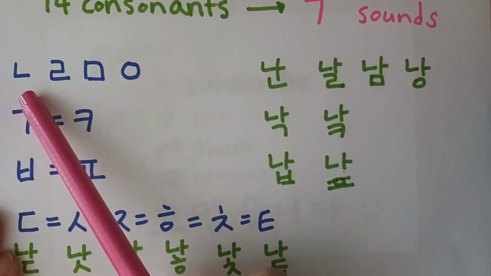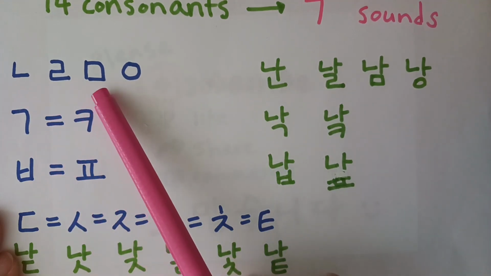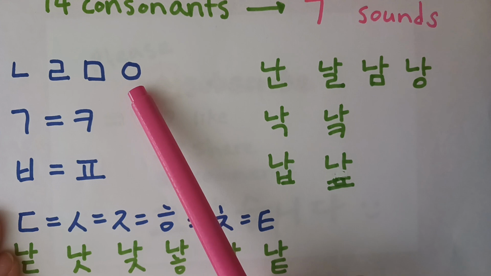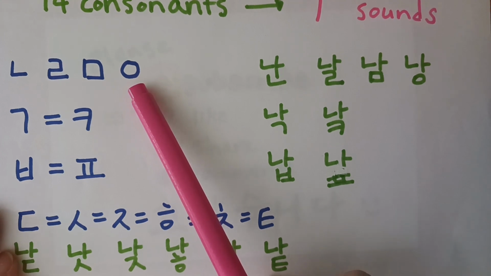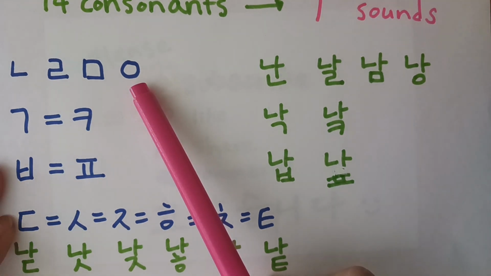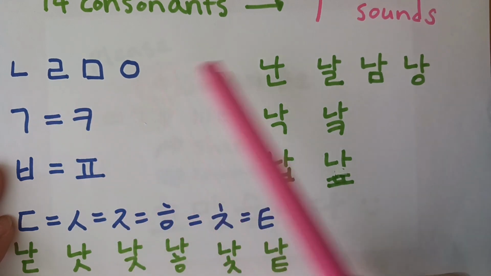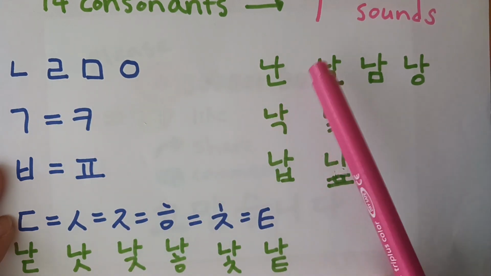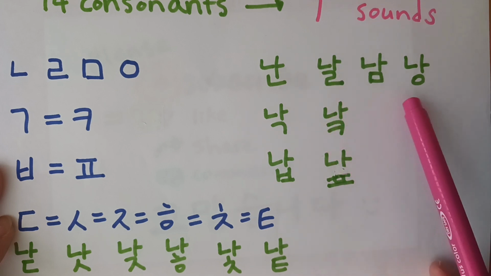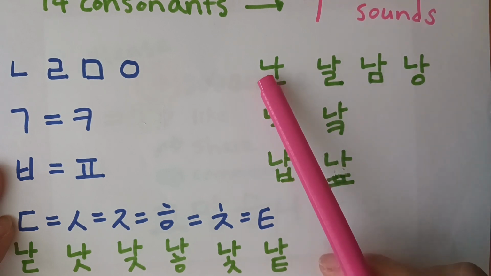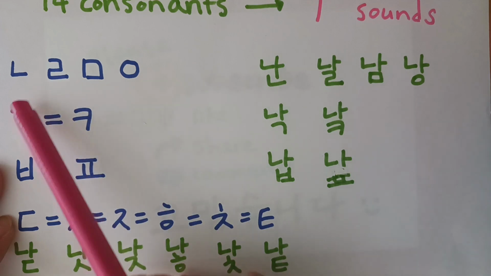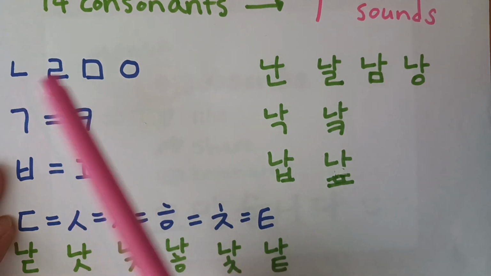So n, l, m, ng sound like what they should be when they become the final consonant. Those sounds are exactly the same as they should be. For example, here are the examples that you can see. I have na, and then nan with n as a final consonant.